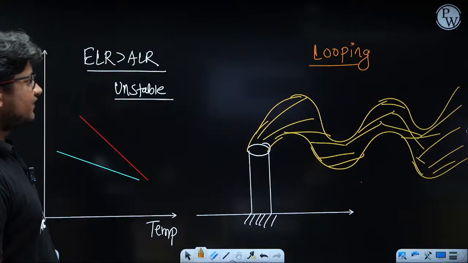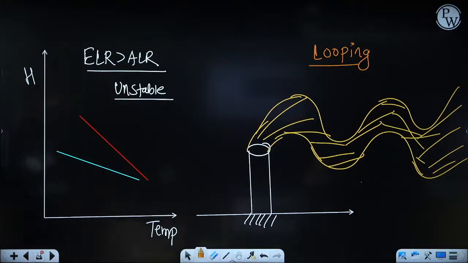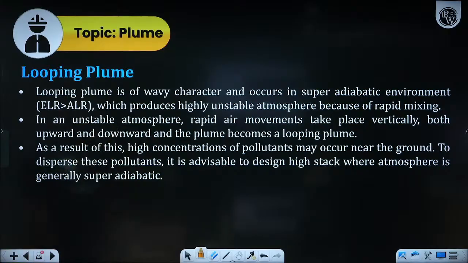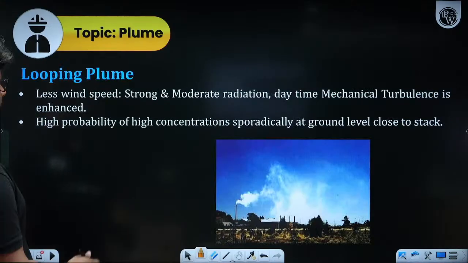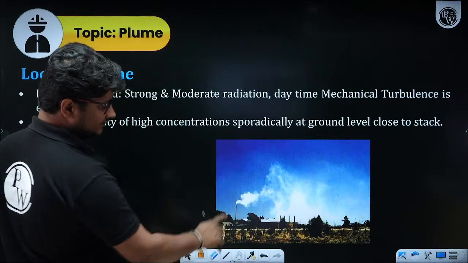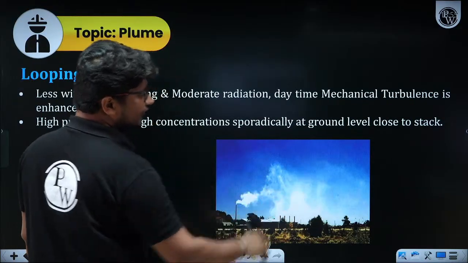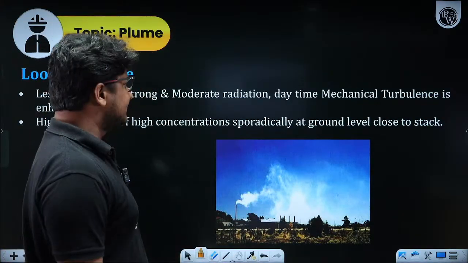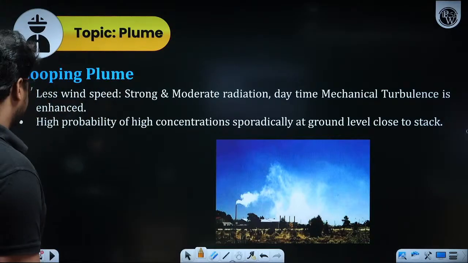So this is the case for looping. Some theoretical points I have already written here. Later, when you get the PDF of these class notes, you can read this part. This is the real life diagram you can see. It is going in a loop format, upward also, downward also.